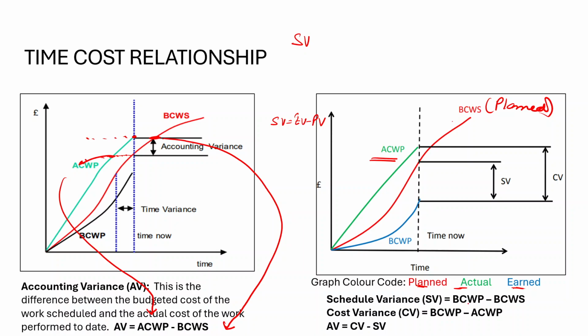And if you see, BCWP is nothing but earned value, and BCWS is nothing but planned value.